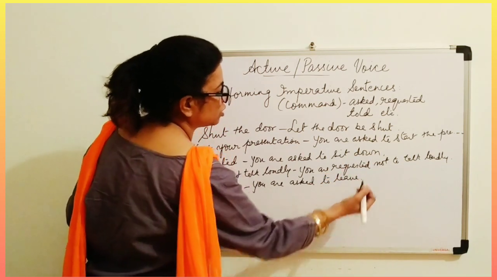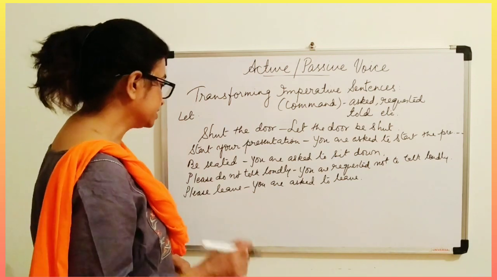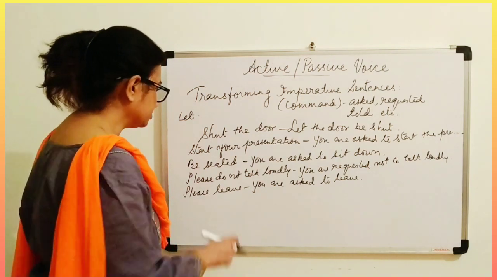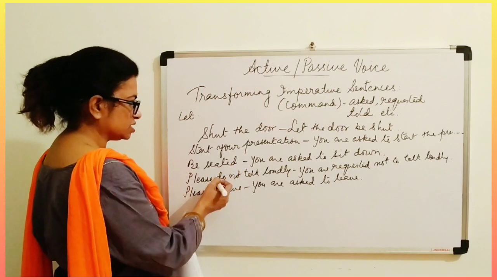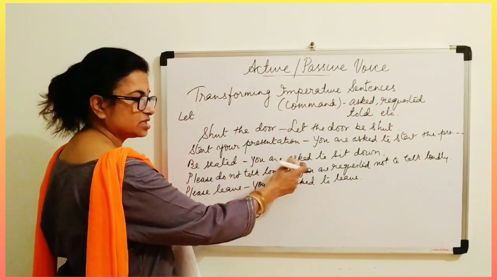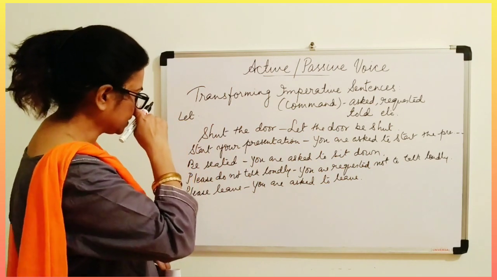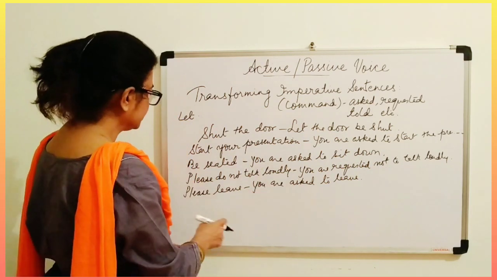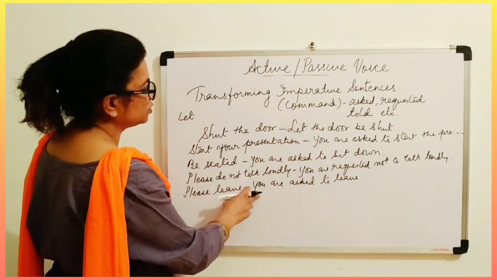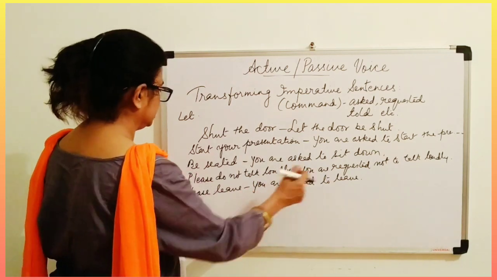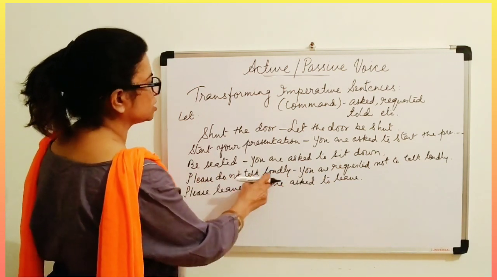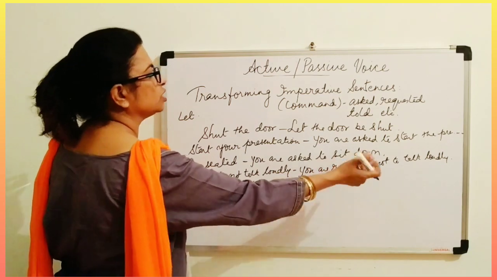Now in this case also you are not going to change the tense. You have to keep in mind: be seated, you are asked to be seated, to sit down. Please leave, you are asked to leave. Please do not talk loudly, you are requested not to talk loudly.